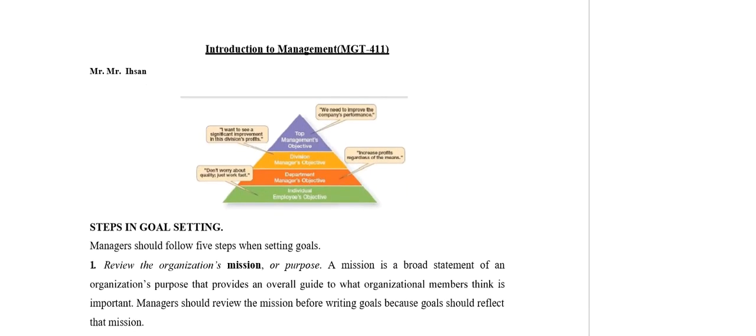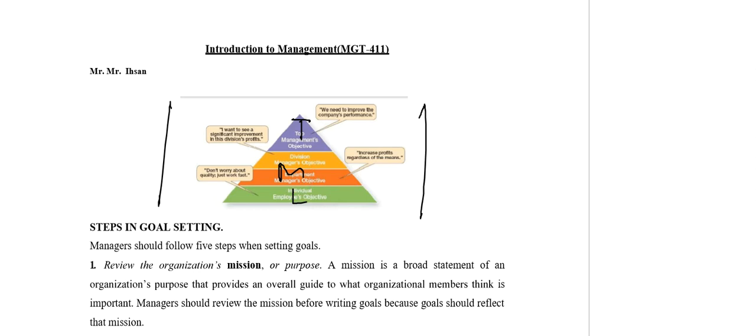So here, let's start looking at the diagram first. In this diagram we have top level management, middle level management and low level management.